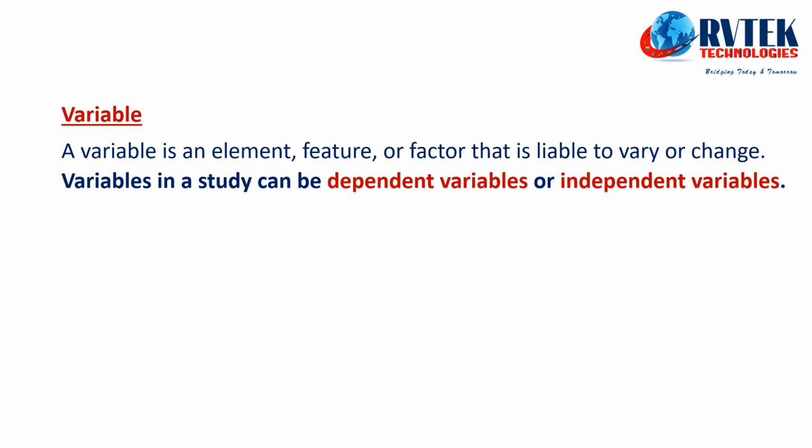What is a variable? A variable is an element, feature or factor that is liable to vary or change. Variables in a study can be dependent variable or independent variable.